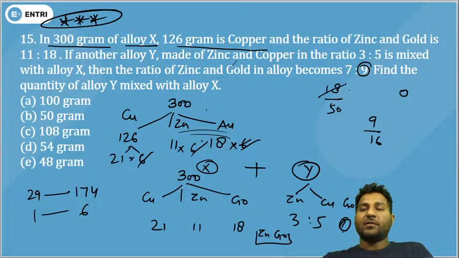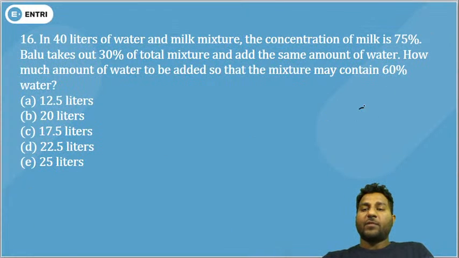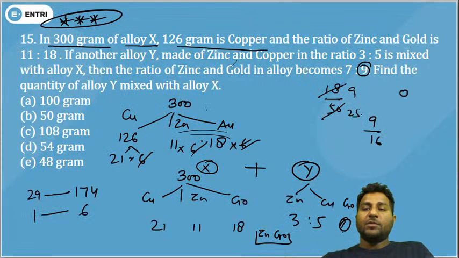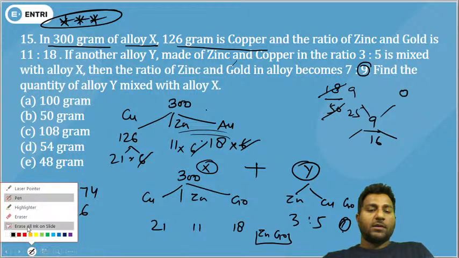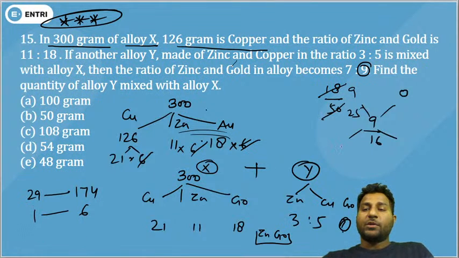Look at this, 9 by 25. When you use alligation, you can clearly put the gold value 9 by 16, and 9 into 9 by 25 into 16. So just use the alligation method and your final ratio will be 25:9, as 16 and 9 will be eliminated.